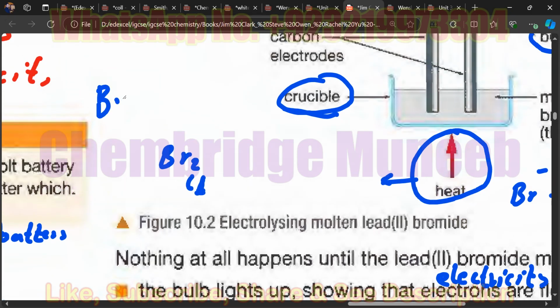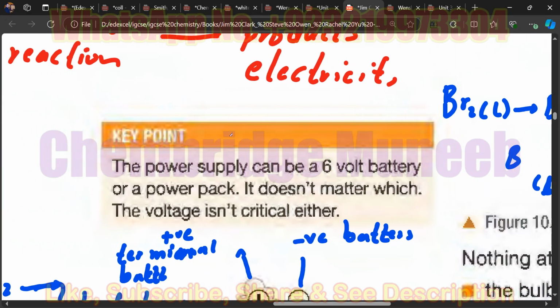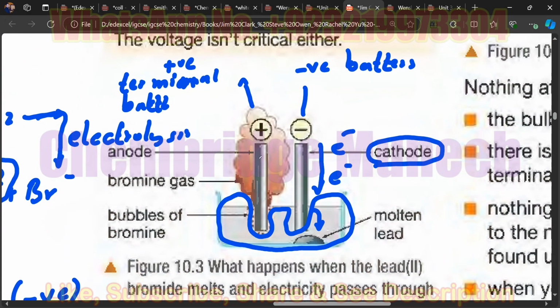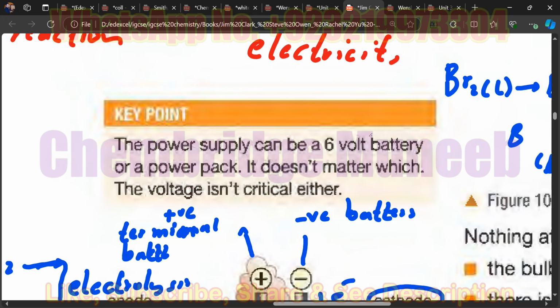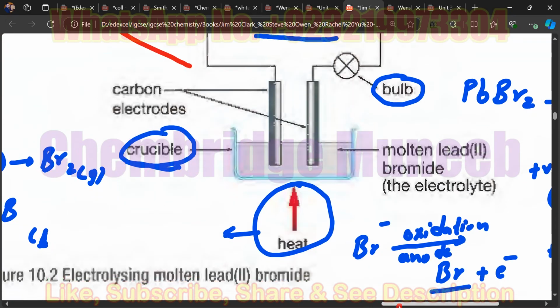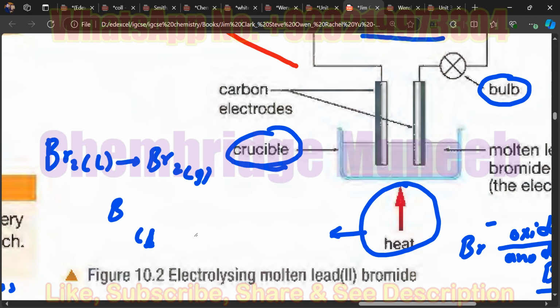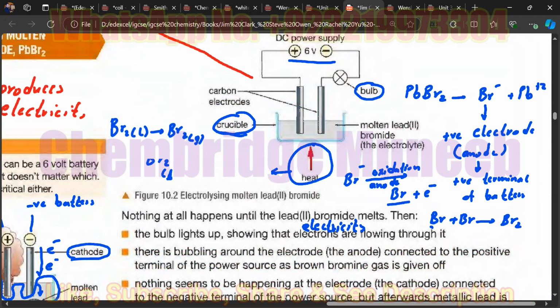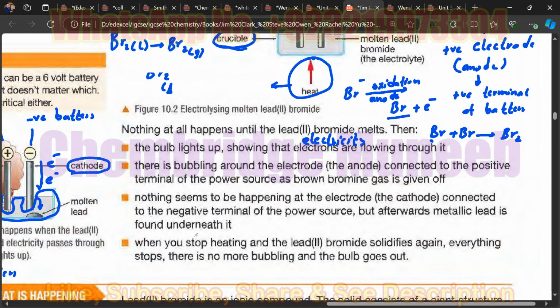So the Br2 liquid will convert into the Br2 gaseous form, and that's why we see the bubbles of bromine gas on the anode. There are brown bubbles, the color of bromine gas is brownish. So these bubbles are produced because it is being converted into the gaseous form by the heat supply. Is that clear?